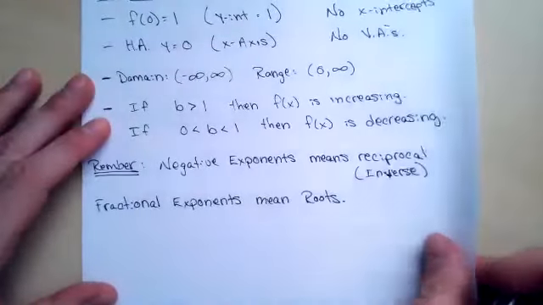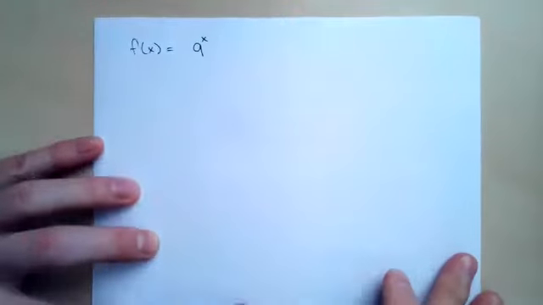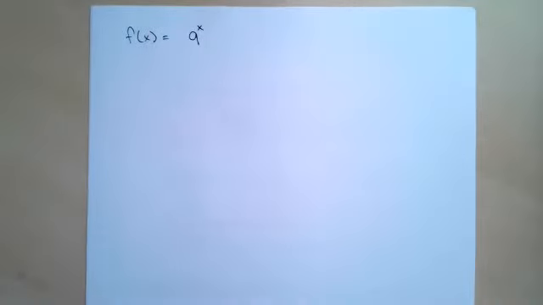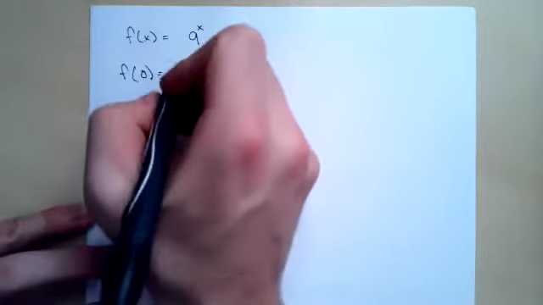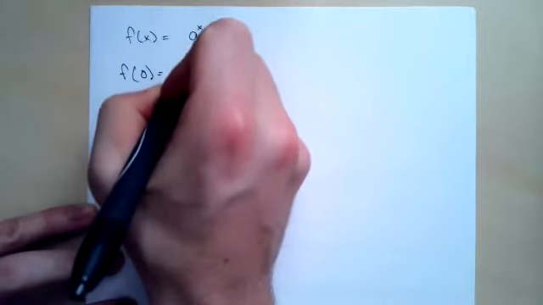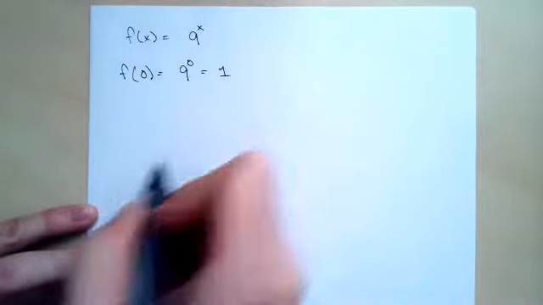So let's go ahead and go over some basic calculations. Let's say we have f of x is equal to 9 to the x. And let's try to arrive at some of those key features that we were just writing down. The y-intercept, pretty easy. f of 0 is just going to be 9 to the 0, and any number to the 0 is just going to be 1.